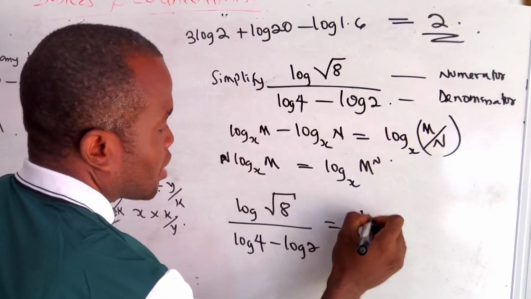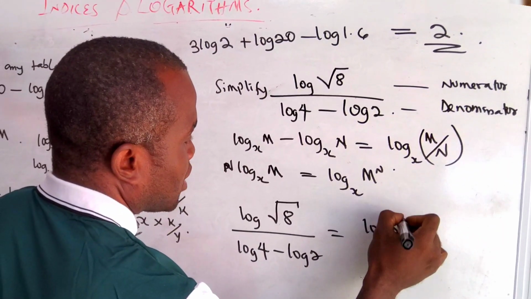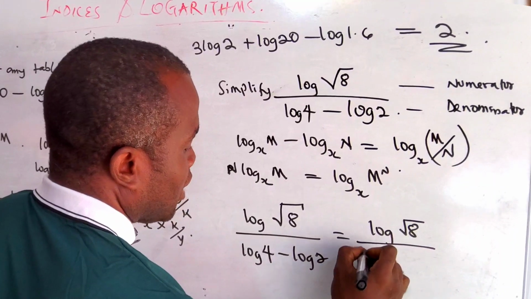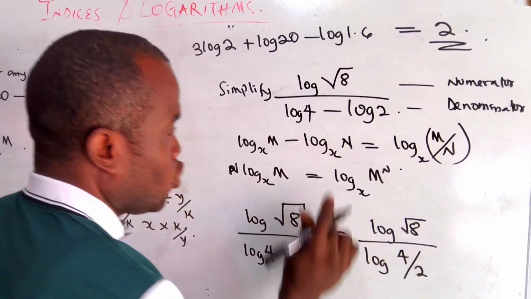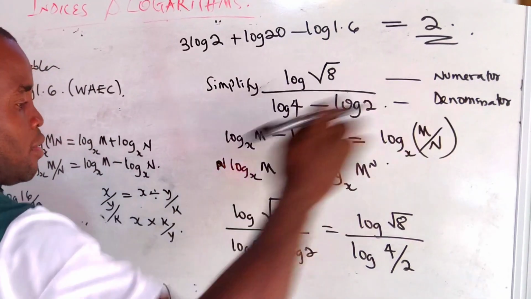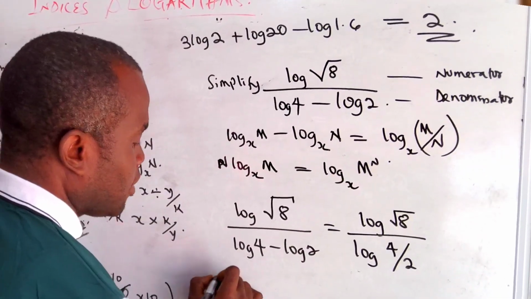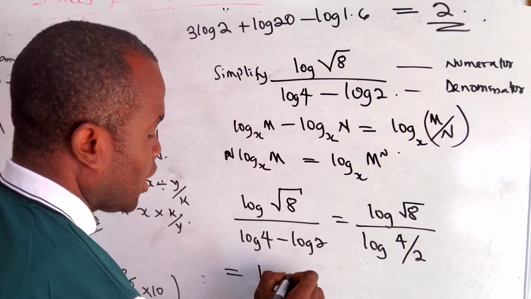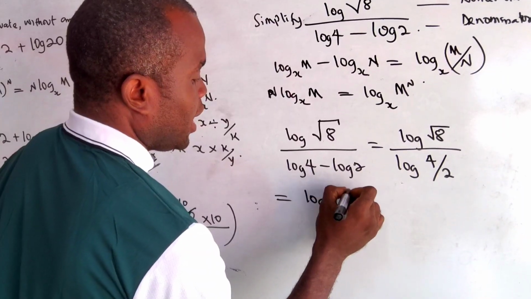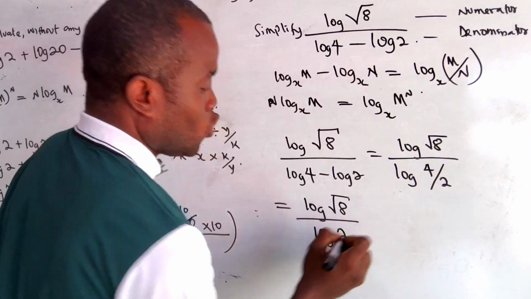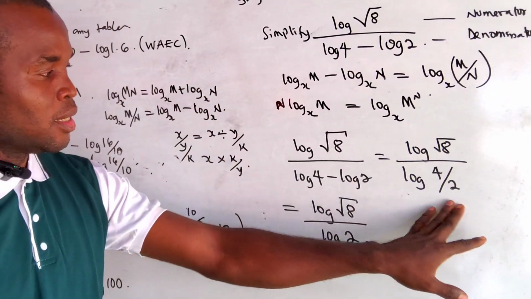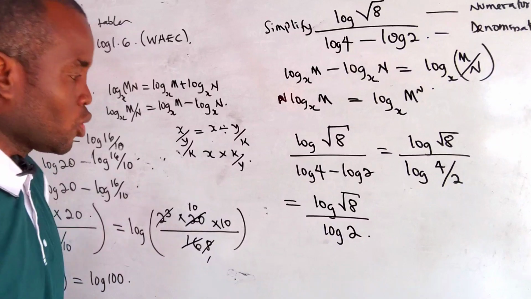This is the same thing as log square root of 8 all over log of 4 divided by 2, from this very law. So now you have log square root of 8 all over log 2. Did you see that? 4 divided by 2, that's 2.